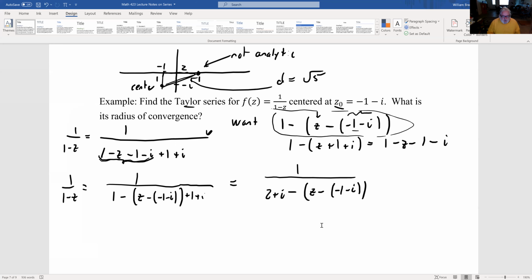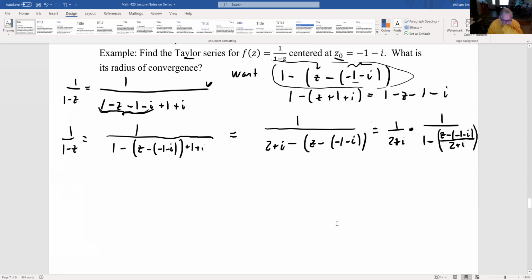Ugh. But we can do the same trick we did with the 4 above. We can factor out the 2 plus i. And then what have we got? We've got 1 over 1 minus z minus the center over 2 plus i. Put parentheses around that very carefully. Awesome. So we're in good shape now, because we can just do what we did above.